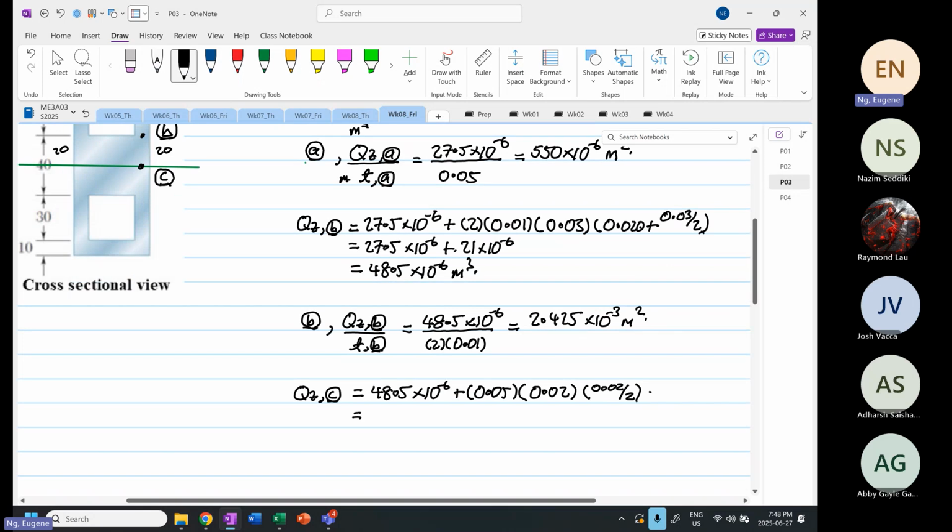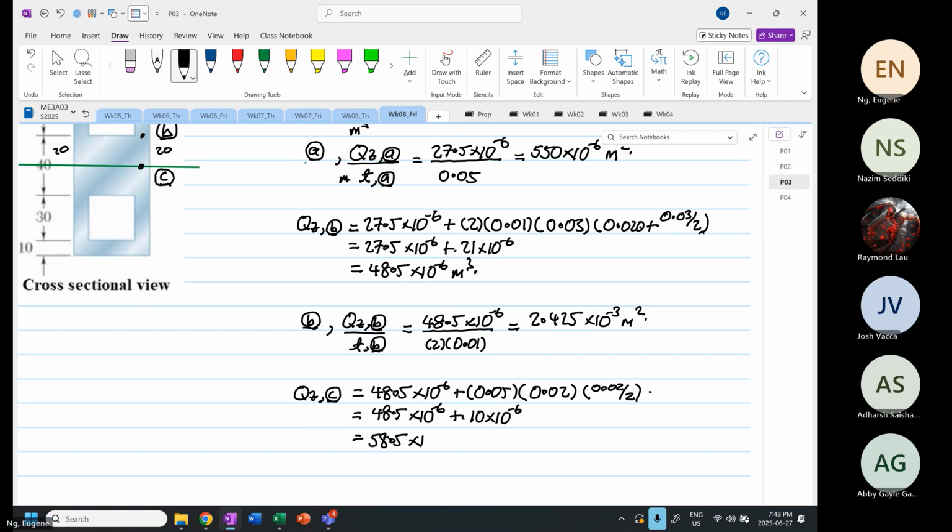So this will be equal to 48.5 times 10 to the power minus 6 plus 0.05 times 0.02 times 0.02 divided by 2, which is equal to 10 times 10 to the power minus 6. Let me do it again. 0.05 times 0.02 times 0.02 divided by 2 is 10. So this will be equal to 58.5 times 10 to the power minus 6 meter cube.